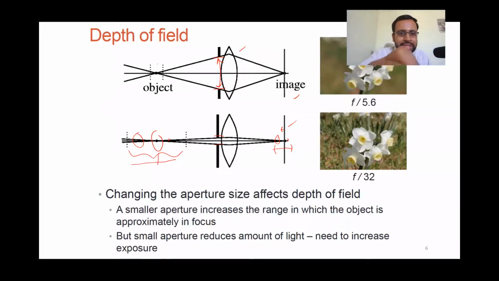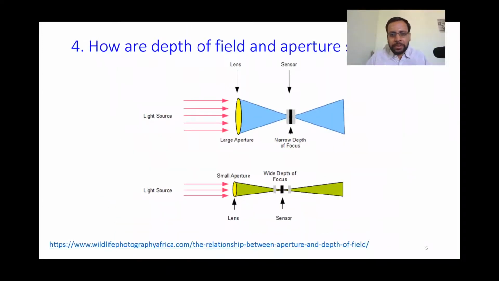If you consider this as a reference point and vary it on both sides, you could capture a large depth. The right word for it is depth of field. So when the diameter of your aperture is small, you get a large depth of field. The same thing in a slightly different picture here.